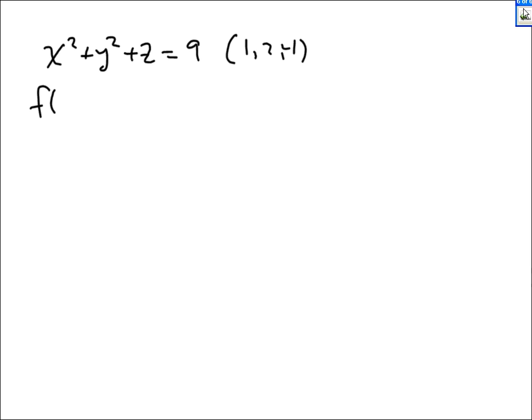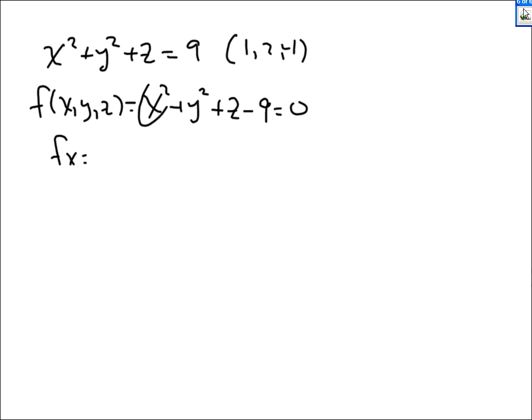So we define a function f of x, y, z to be x squared plus y squared plus z minus 9 is 0. Each of these terms, except for the 9, which is a constant, is only a function of x, only a function of y, or only a function of z, which makes life easier.